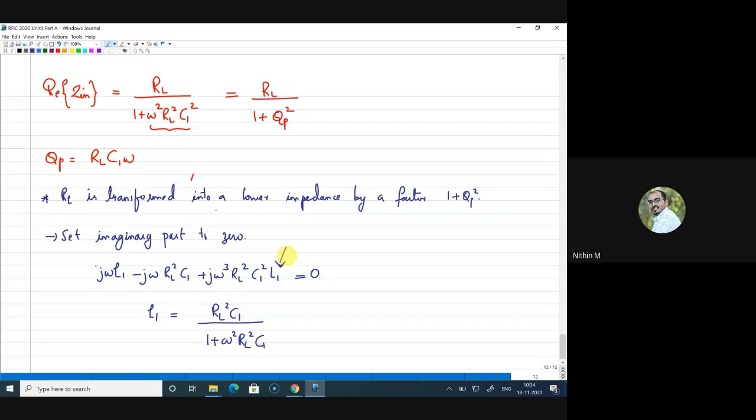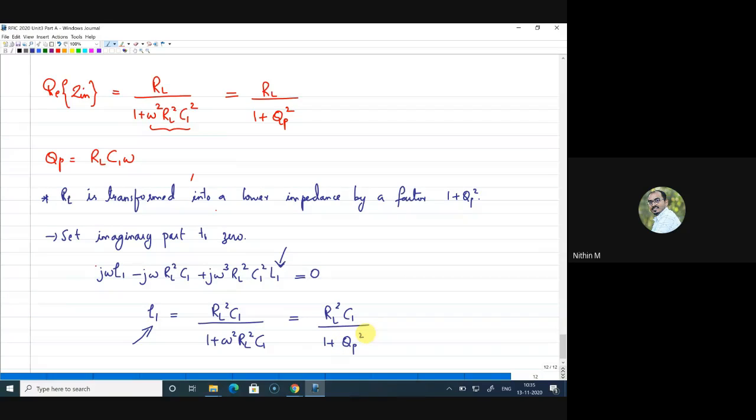Now, if I choose an inductance value equal to this, the reactance offered by this inductance will cancel the capacitor reactance. Or if I write this in a better way, I can write it as RL square C1 divided by, we know that for a parallel RC, I can write the Q factor as omega RC. So I can write this as 1 plus QP square.